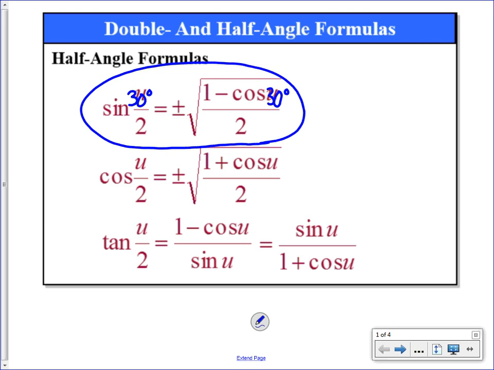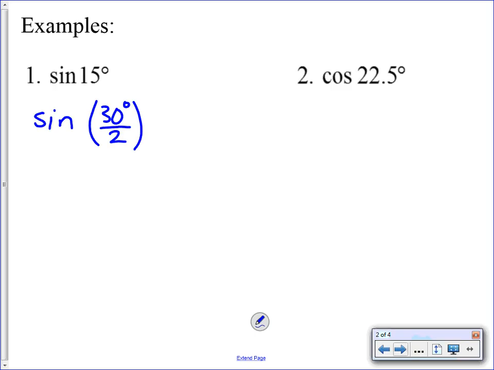Now, do we use the positive root or the negative root? Well, you go back to the original angle. 15 degrees is in quadrant 1, and if you remember, all the trig functions are positive in quadrant 1.